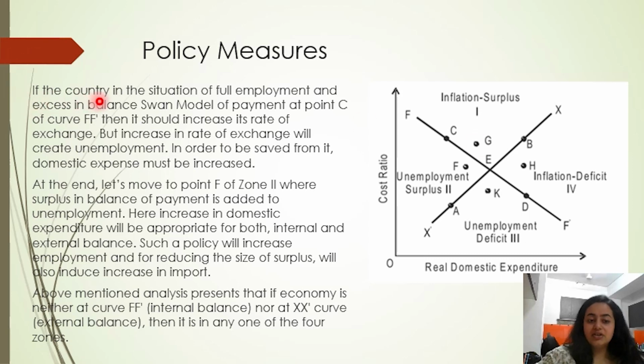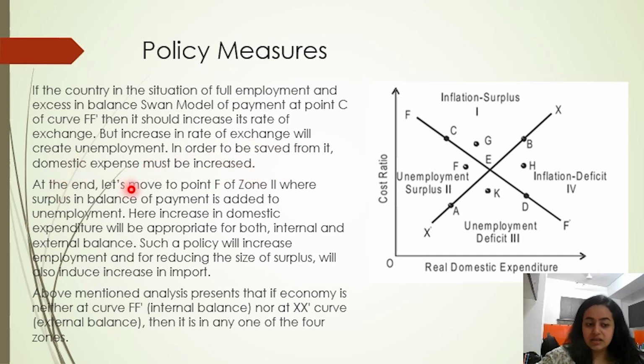If the country is in a situation of full employment and excess imbalance in the Swan model of payments, at point C of the curve FF, then it should increase its rate of exchange. But an increase in the rate of exchange will create unemployment. In order to be saved from it, domestic expense must also be increased.